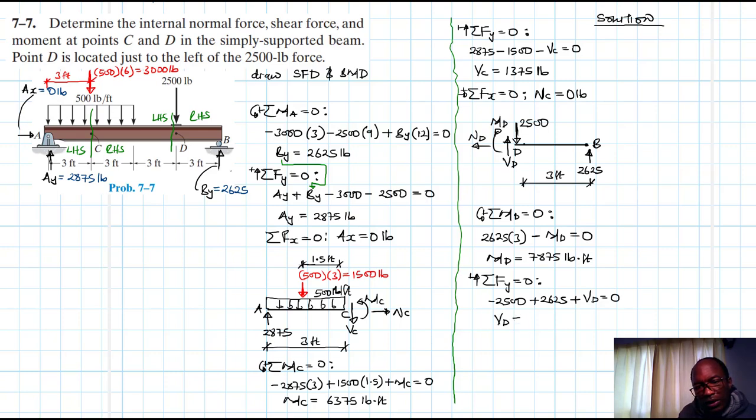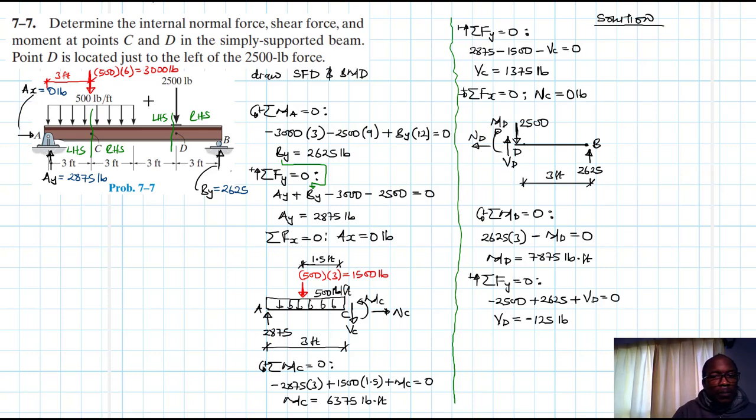Therefore, our VD is just going to be equal to minus 2500 plus 2625. What do we get? We get our shear force of minus 125 pounds. So this minus just indicates change in sign.